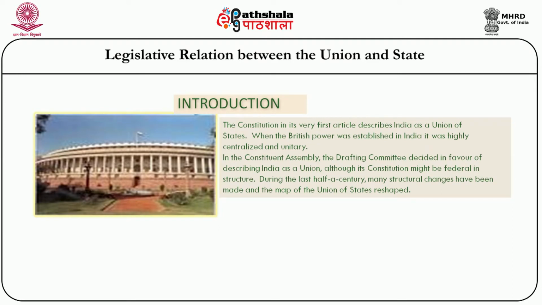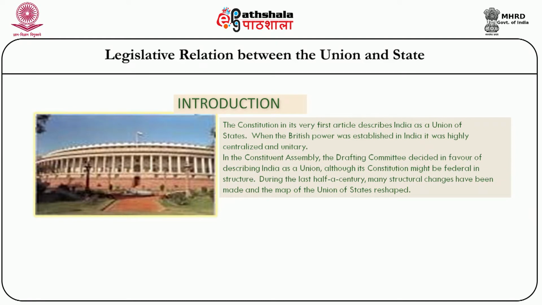Firstly, the Constitution of India, in its very first article, describes India as a union of states. When British power was established in India, it was highly centralized and unitary.